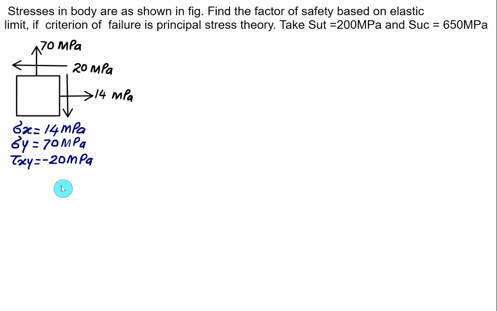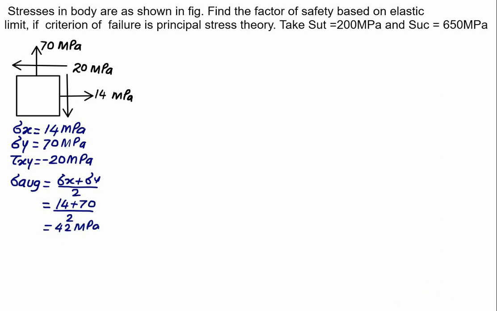Again, your first job is to calculate the principal stresses sigma A and sigma B. For that we require sigma average and the tau max, or the radius of the Mohr circle. Sigma average is given as sigma x plus sigma y by 2. This time we have sigma x equal to 14. So we have 14 plus 70 divided by 2, 84 divided by 2. So sigma average will be equal to 42.